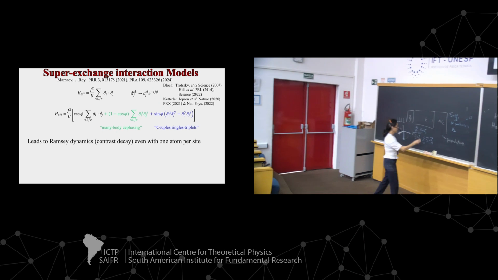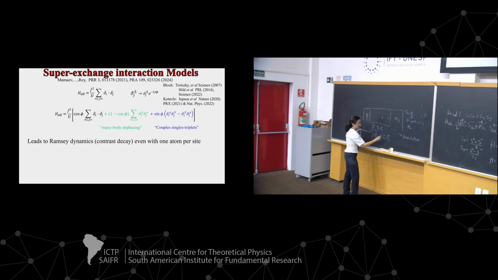When you have these states, we are going to write them as Dicke states. Their total S equals n/2, and they can have a magnetization m_S that goes from minus n/2 to n/2, yes? And these are eigenstates of this Hamiltonian with eigenvalue n/2 times n/2 plus 1, yes? So it's an eigenstate.